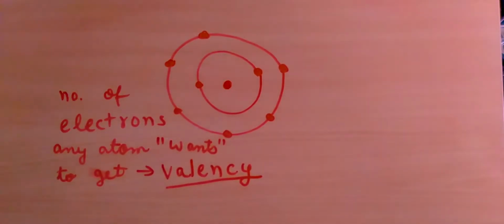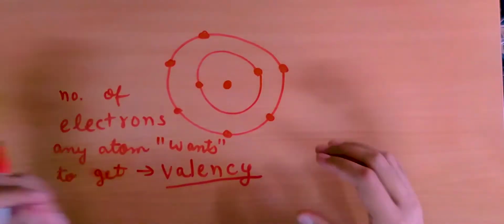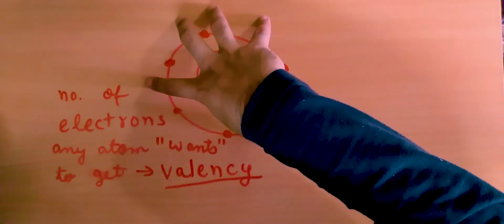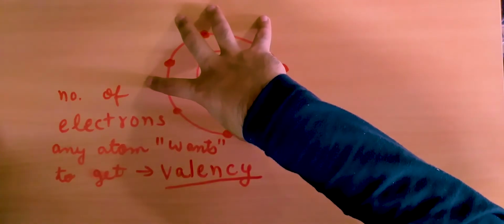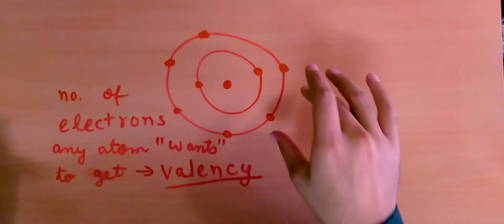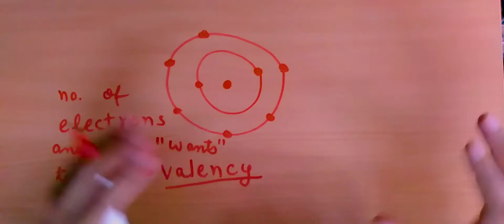So valency is the number of electrons any atom would want to get in order to achieve the stable configuration of 8 electrons in its outermost shell.